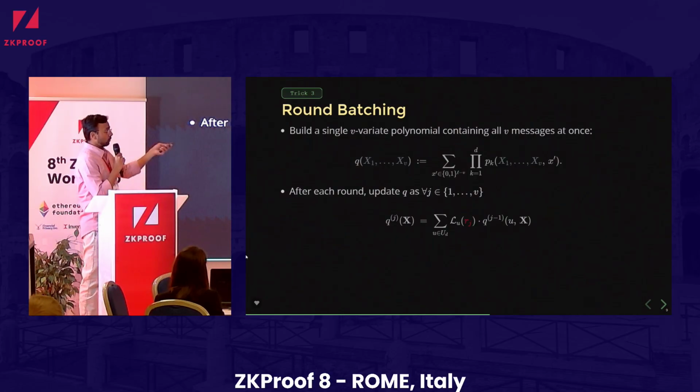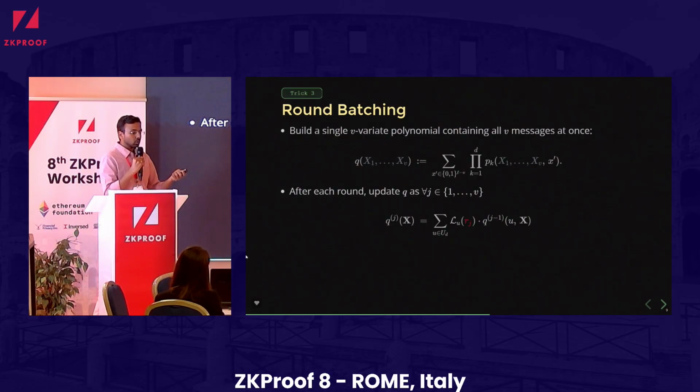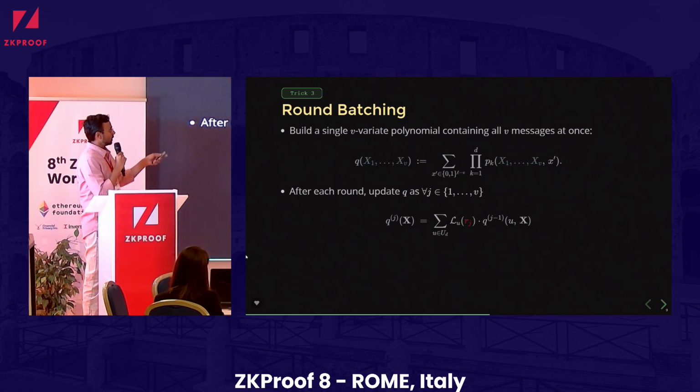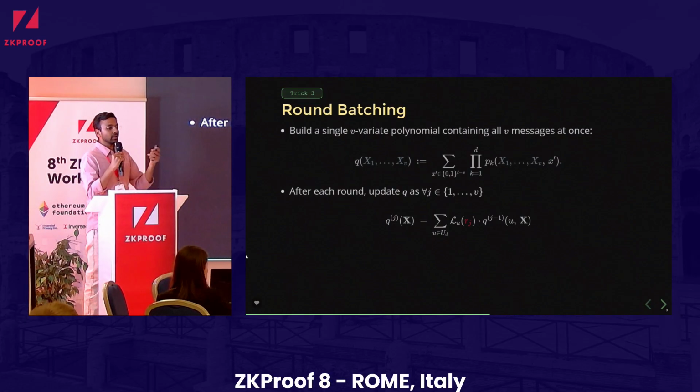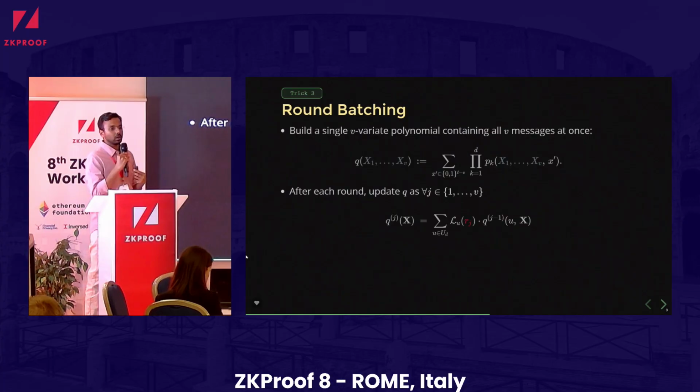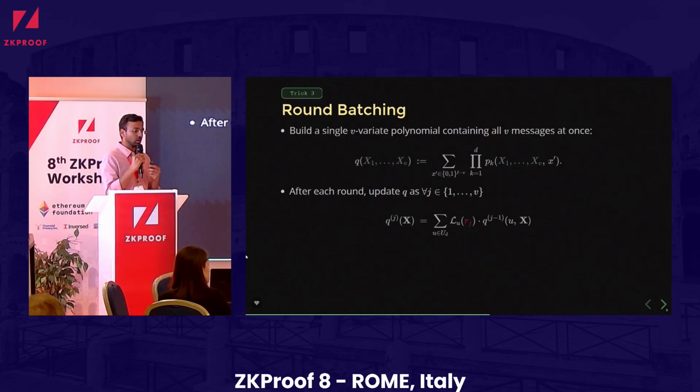But the expression of binding is similar. After each round, we bind Q to the latest challenge that the verifier sends. This Lagrange term, Lagrange of Rj, is slightly more complicated than the 1 minus R1 and R1 linear combination that we saw for the original binding, but it's similar.